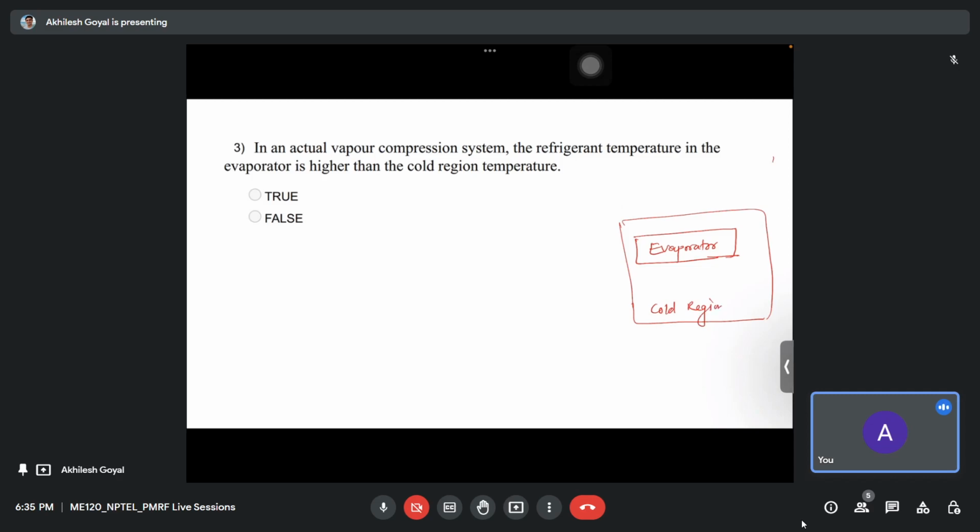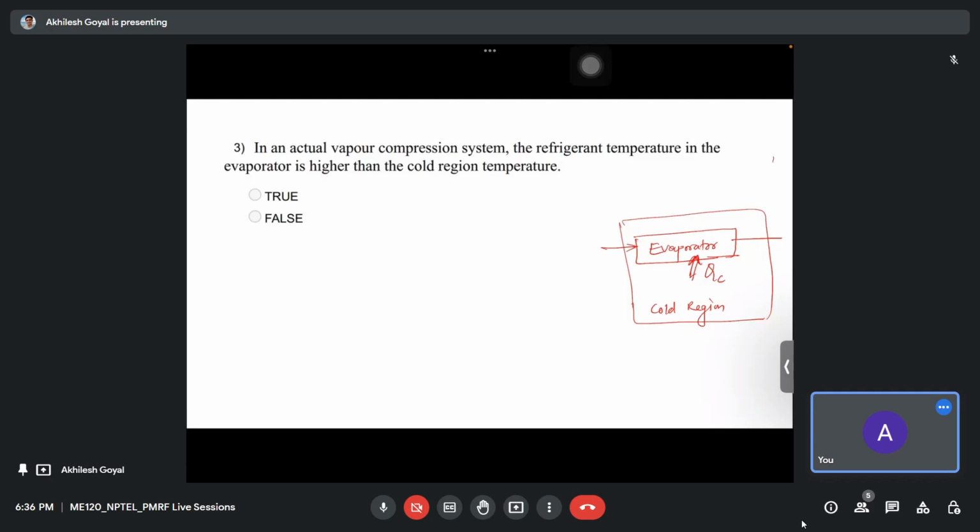What happens in the evaporator is, the evaporator takes heat from this cold region, right? This is the work of the evaporator. In the evaporator, the refrigerant flows and the heat is taken from the cold region by the refrigerant.